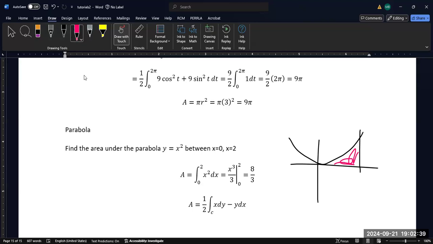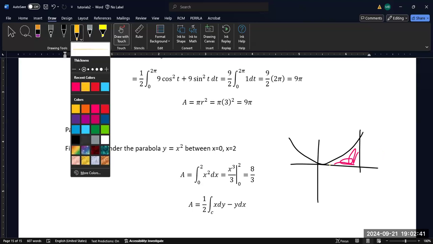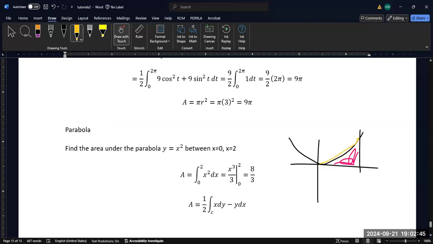So if I want to create a path around the parabola, yes, I'll have this segment of the path, but then I also need this segment of the path, and I need this segment of the path. And normally you do them clockwise. Either way is fine.